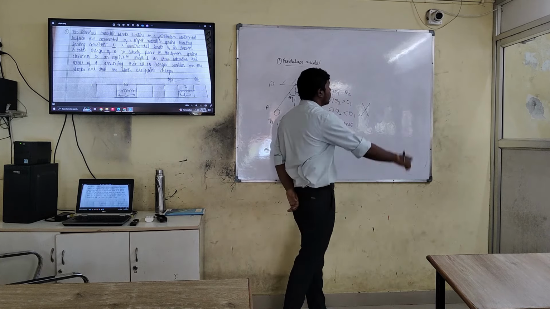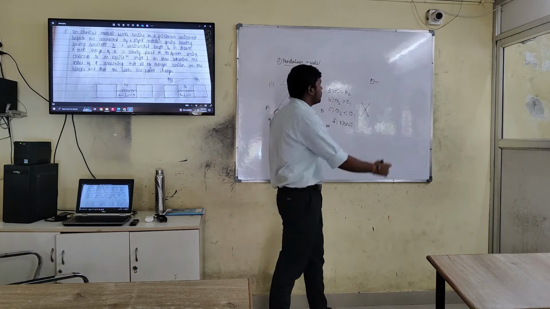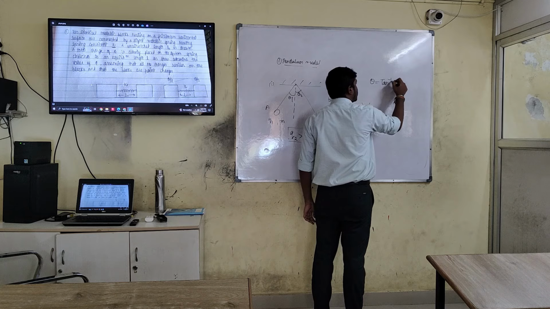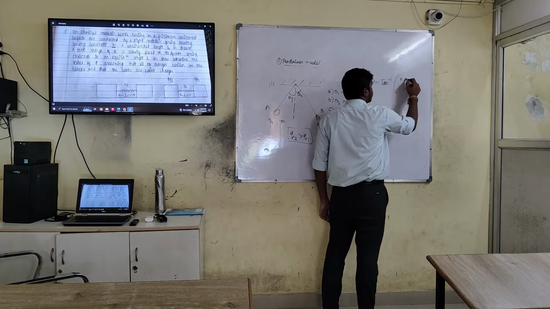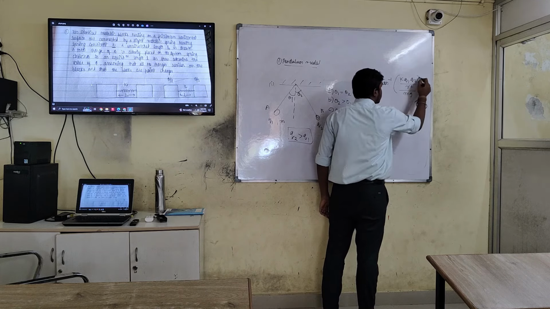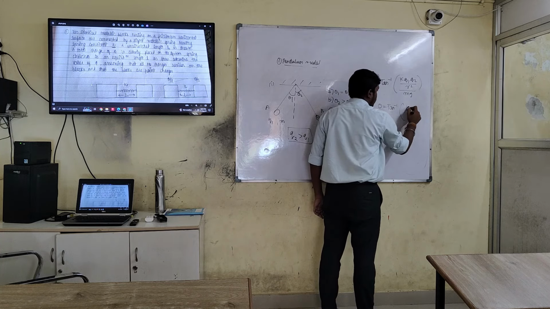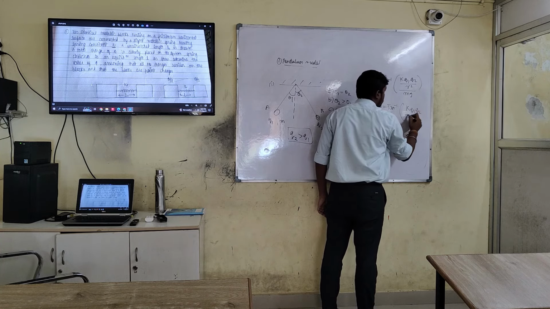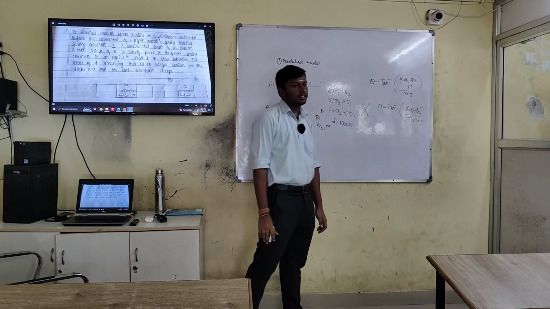What is the formula for the angle? Tan inverse. What is Fe? K Q1 Q2 by R square divided by mg. So theta is equal to tan inverse of K Q1 Q2 by R square into mg. Yes or no?